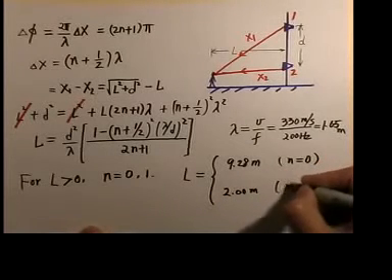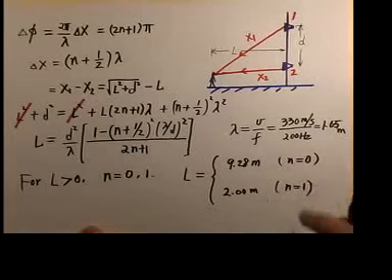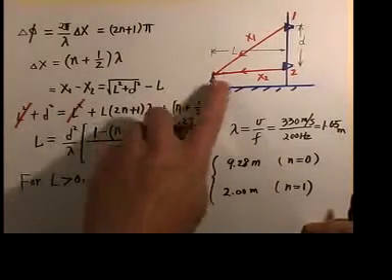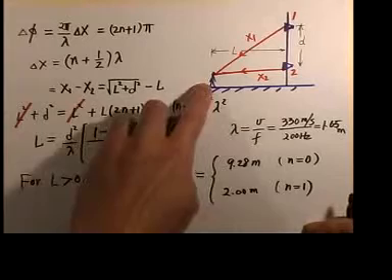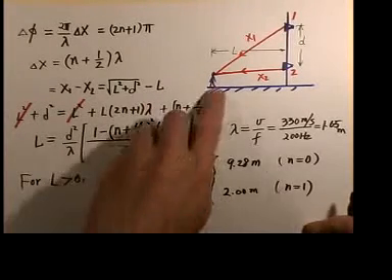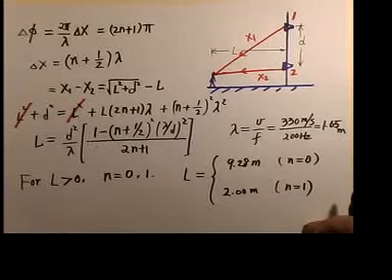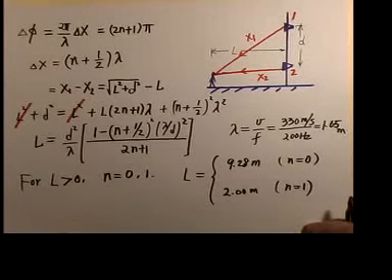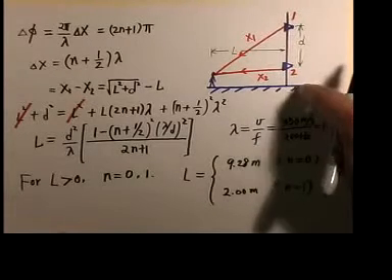That corresponds to the case when n equals 1. So when he is 9.28 meters away from the base, he hears the intensity minimum. And the second time, when he moves further in at 2 meters away from the base, he hears the other intensity minimum. And there are no other intensity minima in between, wherein the two speakers are totally out of phase.